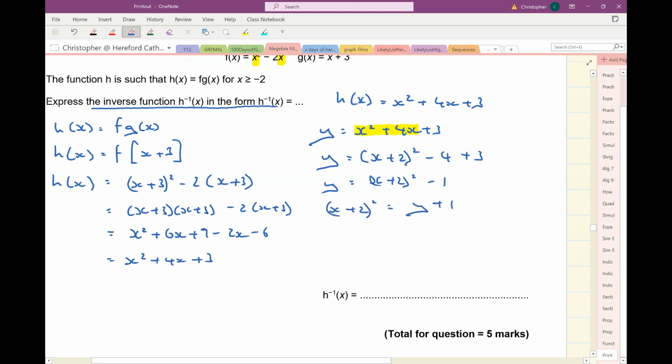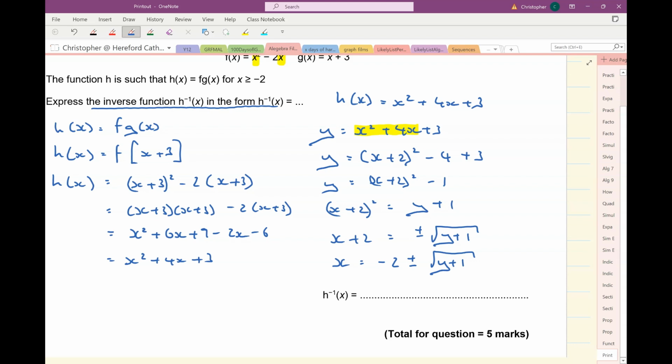So now I'm going to add 1 to both sides and get x plus 2 squared equals y plus 1. I'm going to square root both sides, so x plus 2 is plus or minus the square root of y plus 1. Then I'm going to subtract 2 from both sides. So x is minus 2 plus or minus the square root of y plus 1. Now I know that x is greater than or equal to minus 2.